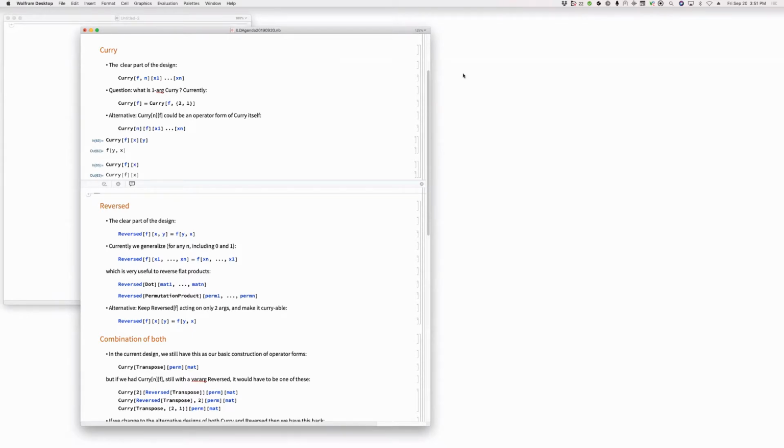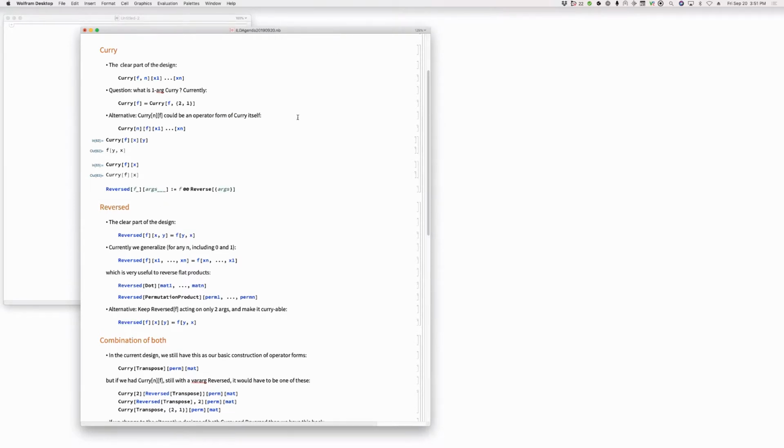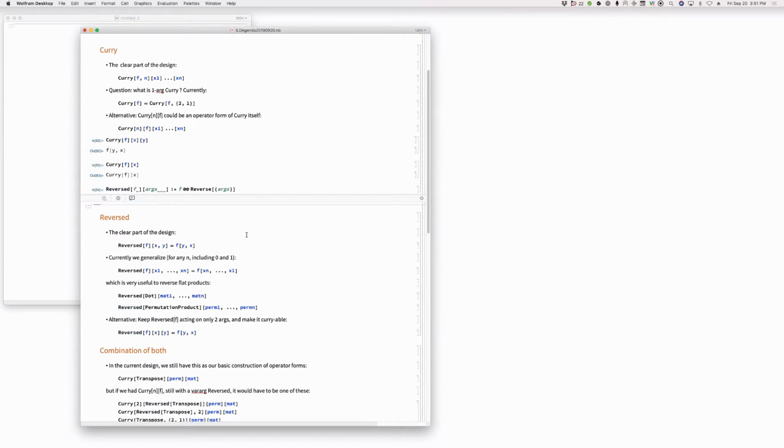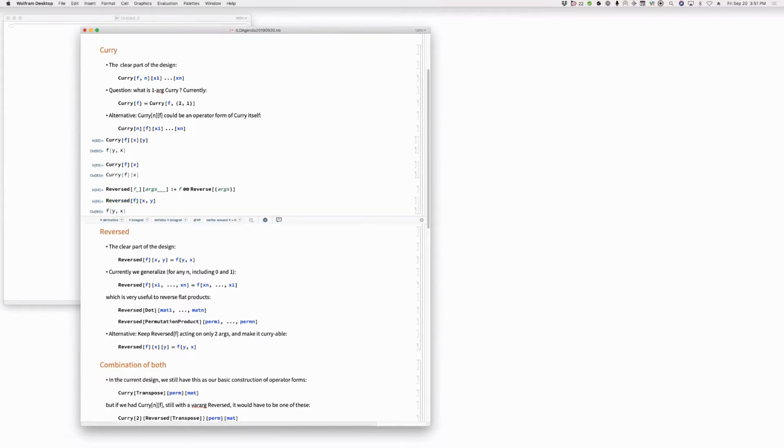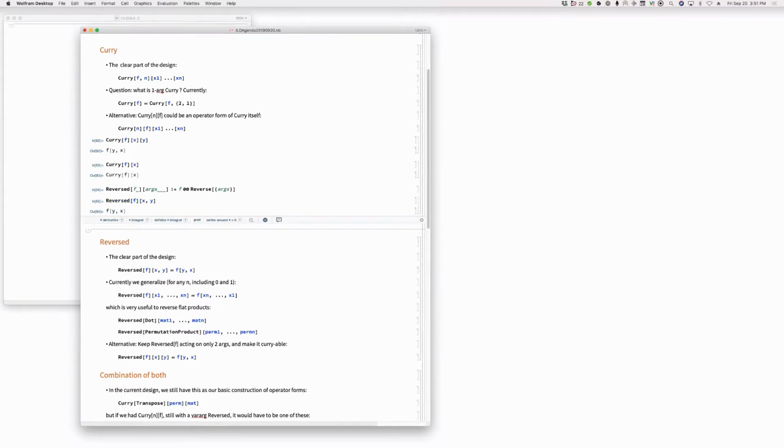Is curry still tagged as experimental? Yes, it is. And precisely that's why we are still discussing its basic design. Okay. So reversed of F of X of Y turns into F of Y X.